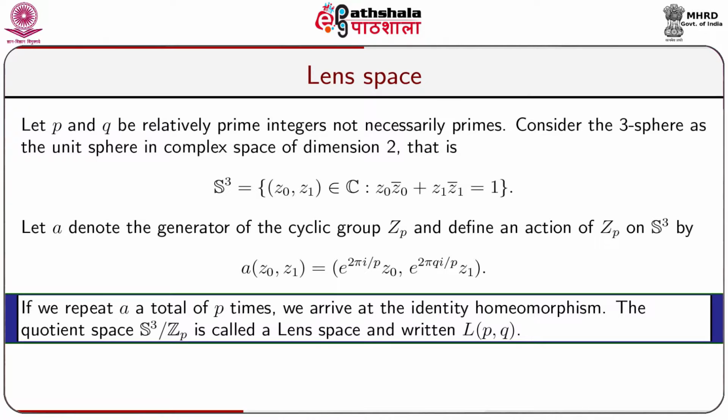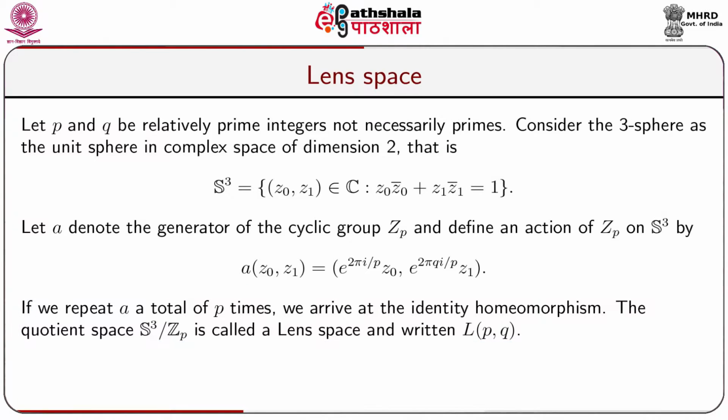If we repeat a total of p times, we arrive at the identity homeomorphism. The orbit space S3 by Zp is called a lens space, which we shall write as L(p,q). We shall see later that L(p,q) is locally Euclidean of dimension 3.